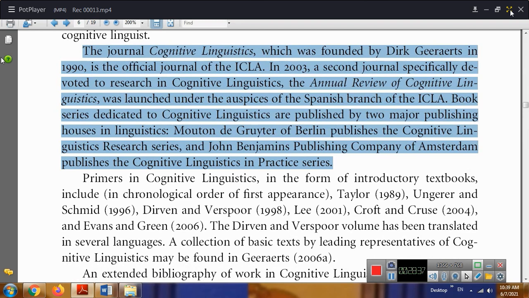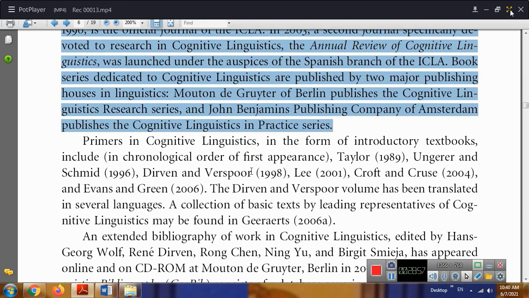The book series dedicated to cognitive linguistics are published by two major publishing houses in linguistics. Martin de Gruyter of Berlin publishes the Cognitive Linguistics Research Series, and John Benjamins Publishing Company of Amsterdam publishes the Cognitive Linguistics in Practice Series.